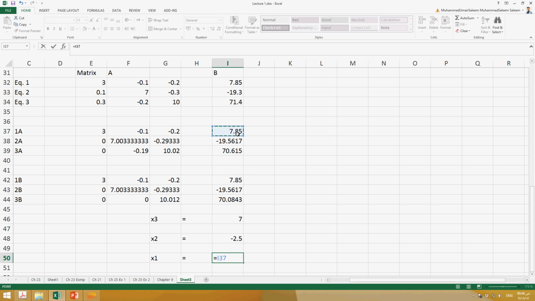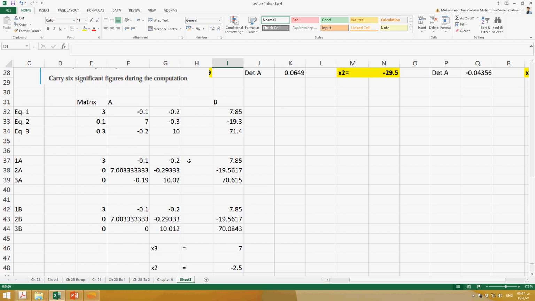Simple: 7.85 minus 0.2 into x3 minus this cell multiplied by x2, whole divided by this cell. So you will get the values of x1, x2, and x3, and you can see here the denominators or the diagonals are not 0, and this is how we use the Gauss elimination method. I give you one time to have a look at this.